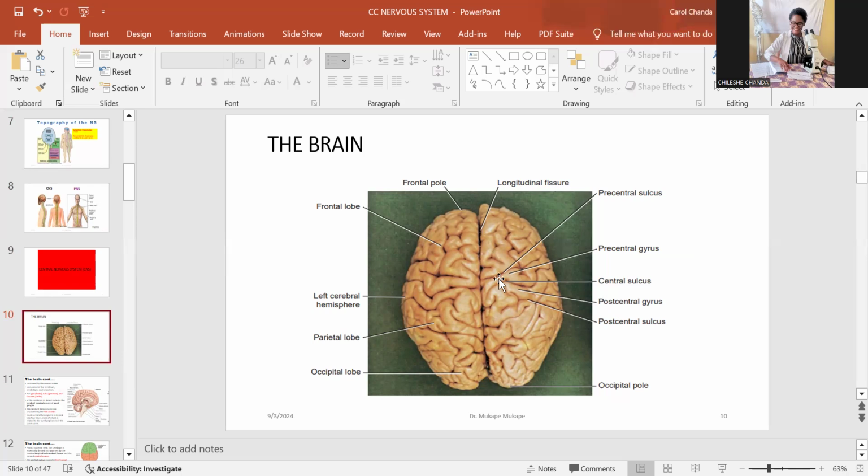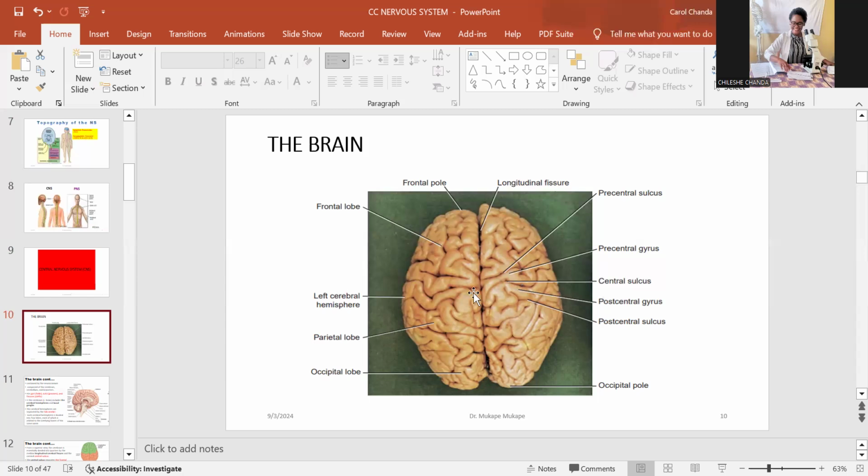You will notice that the brain on top of the head looks like it is divided into two, this side on the left and this side on the right. And so you're going to say it is made up of two hemispheres. These two hemispheres only apply to the cerebrum of the brain. We're going to look at all that.